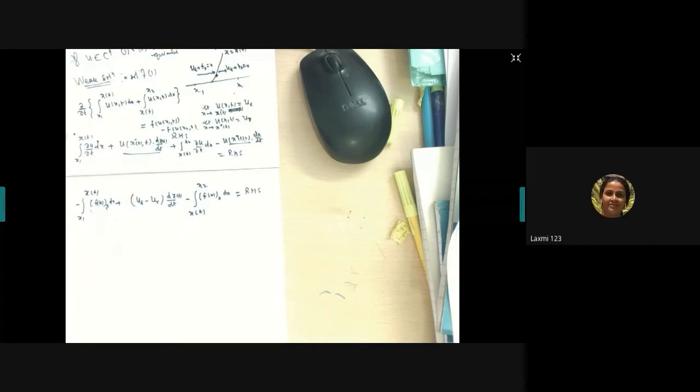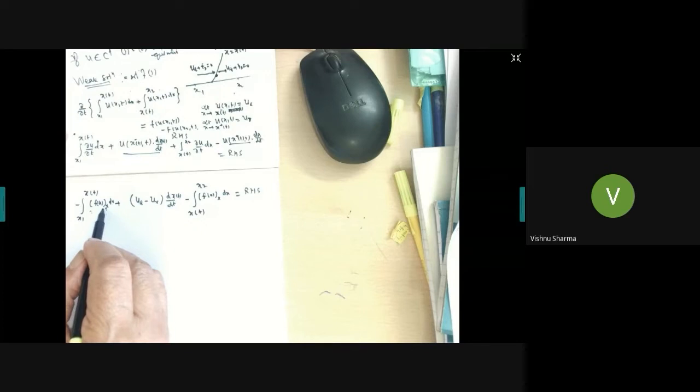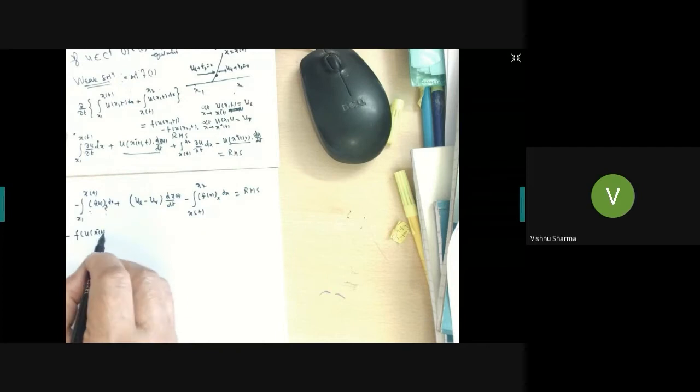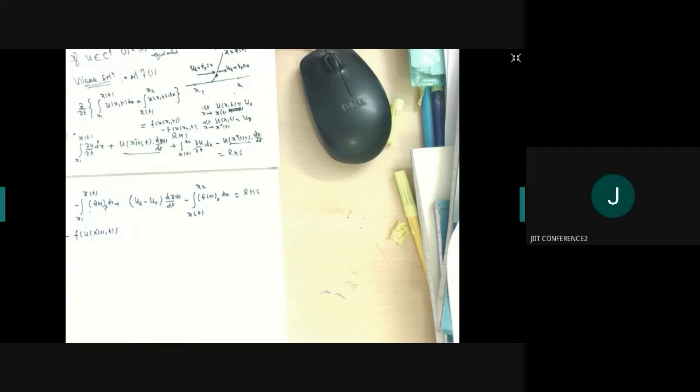Now making use of the fundamental theorem of calculus, this x derivative is nothing but its value evaluated at the upper limit, that is u evaluated at x minus, as x approaches x from the left. It is correct.